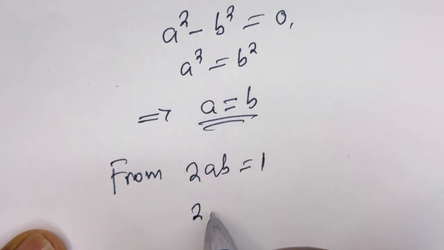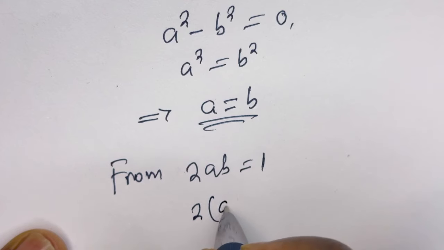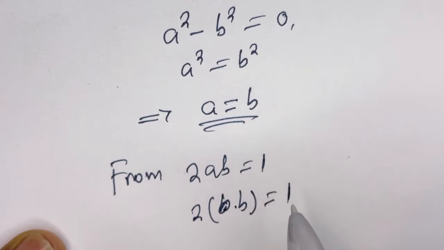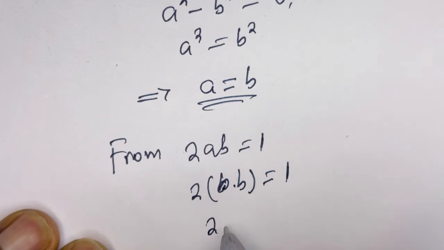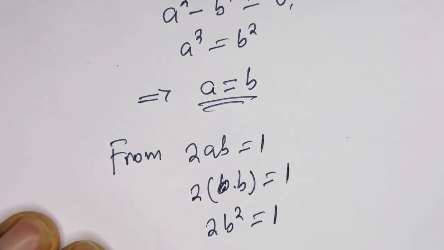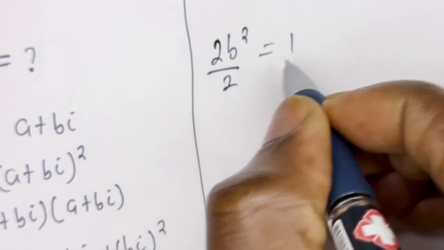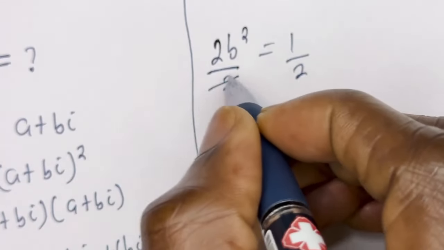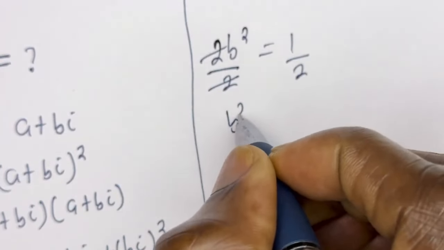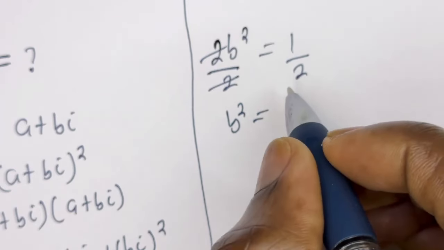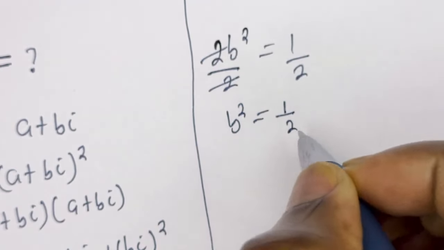We have 2 bracket b multiplied by b is equal to 1. Then 2b squared is equal to 1. Let's divide both sides by 2. Divided by 2, this will cancel this. b squared is equal to 1 divided by 2.